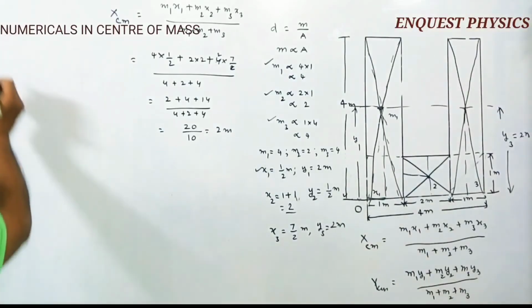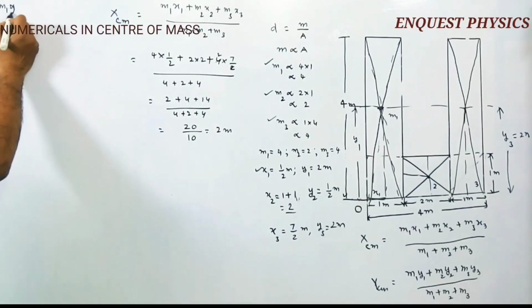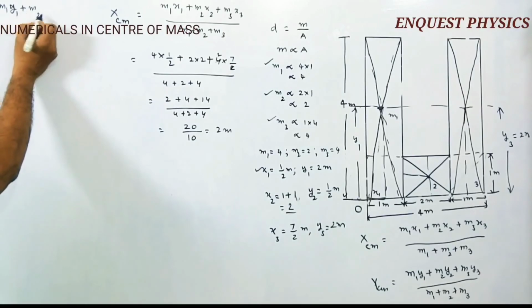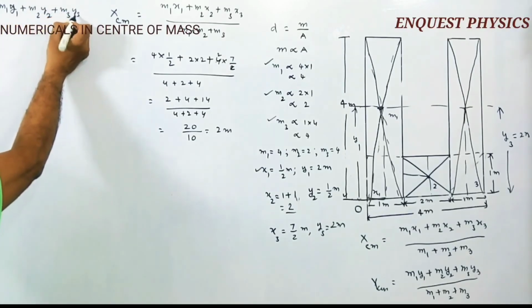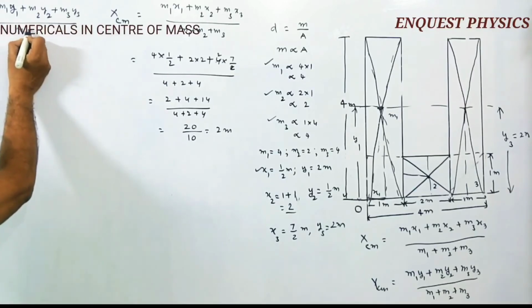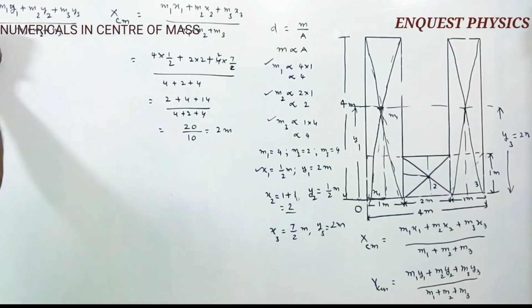Okay students, in the same way we have to find out the YCM. It is m1 y1 plus m2 y2 plus m3 y3 by m1 plus m2 plus m3. We call it as the YCM students.